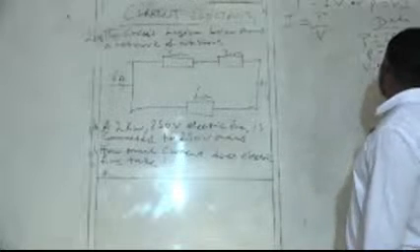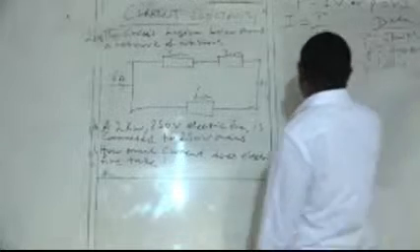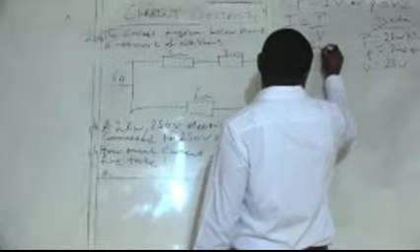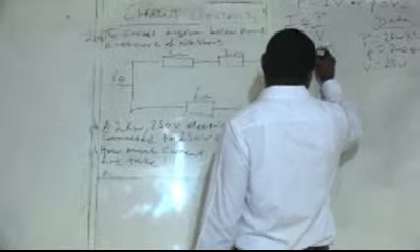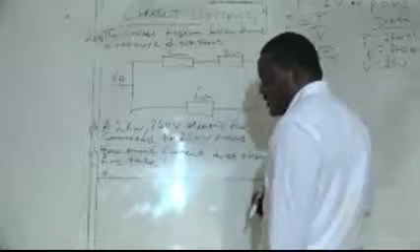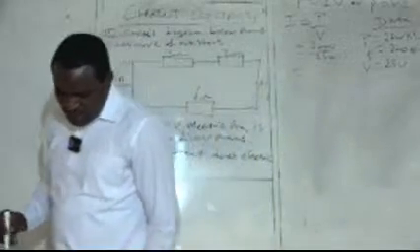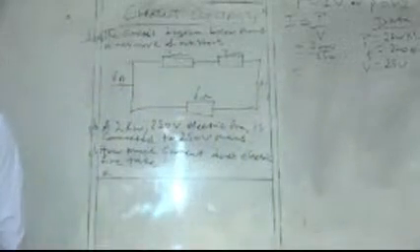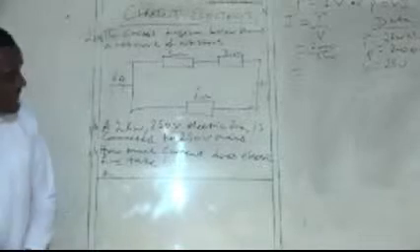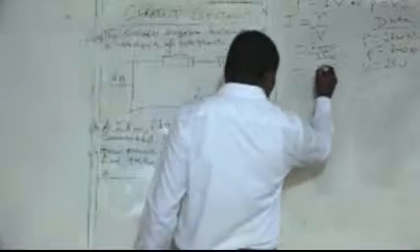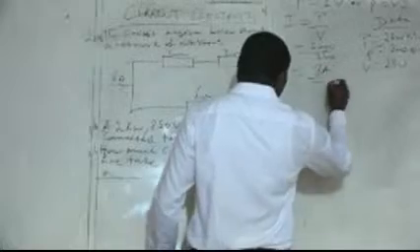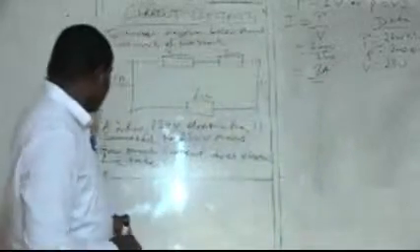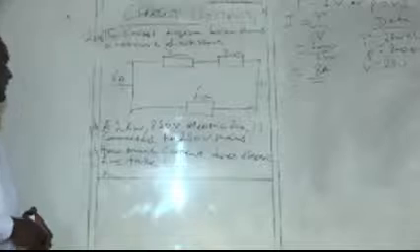Our voltage, we know, is about 250 volts. So you substitute 2,000 divided by 250. If you punch it on a calculator, you get about 8 amps. Meaning this is the current that the electric fire takes.